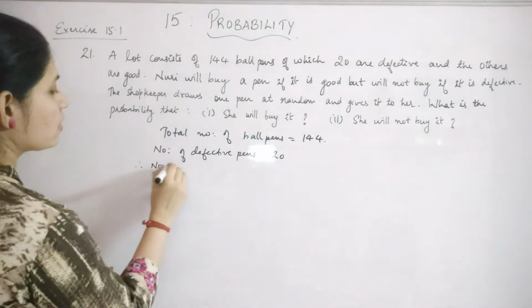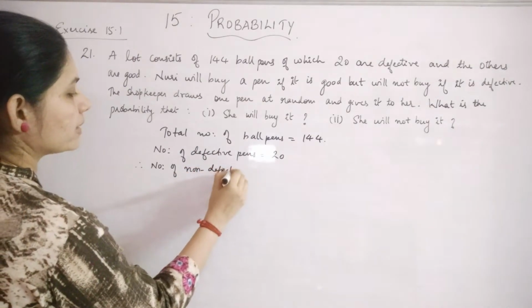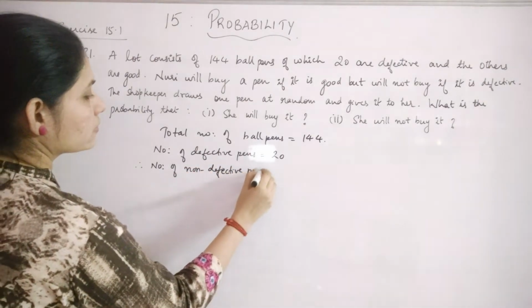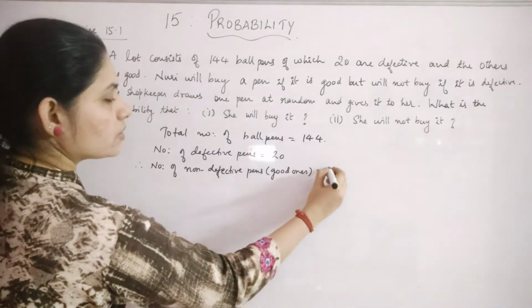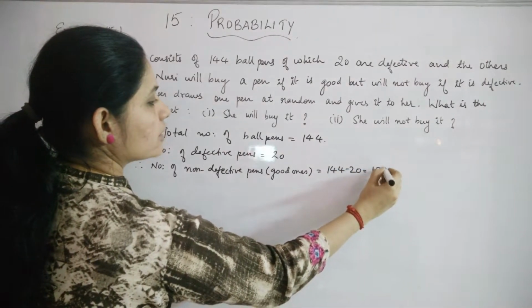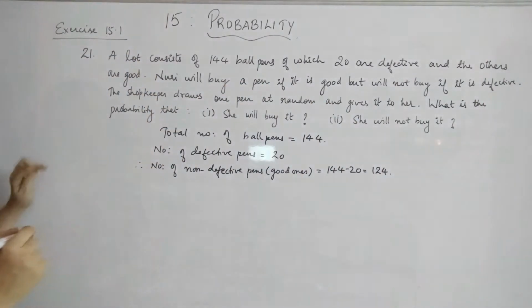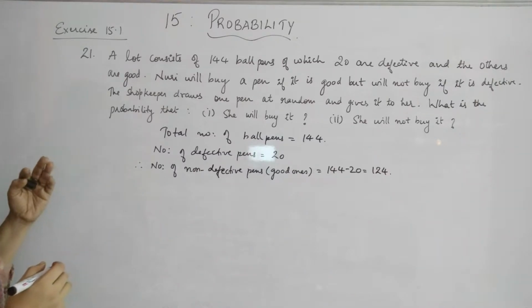Therefore, number of non-defective pens or good pens is equal to 144 minus 20, which is 124. Now what we need to get? The shopkeeper draws a pen at random and gives it to her. Now she will buy it if it is a good pen. So what will be the probability of getting a good pen?